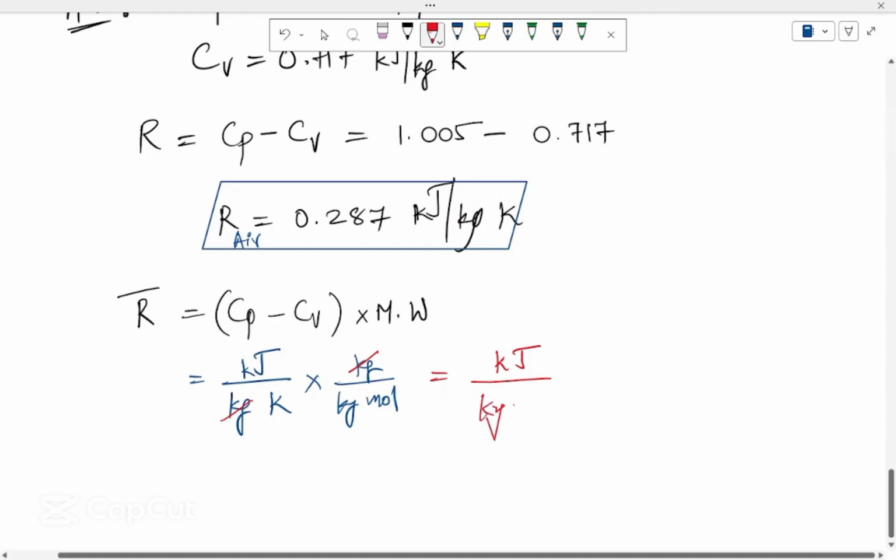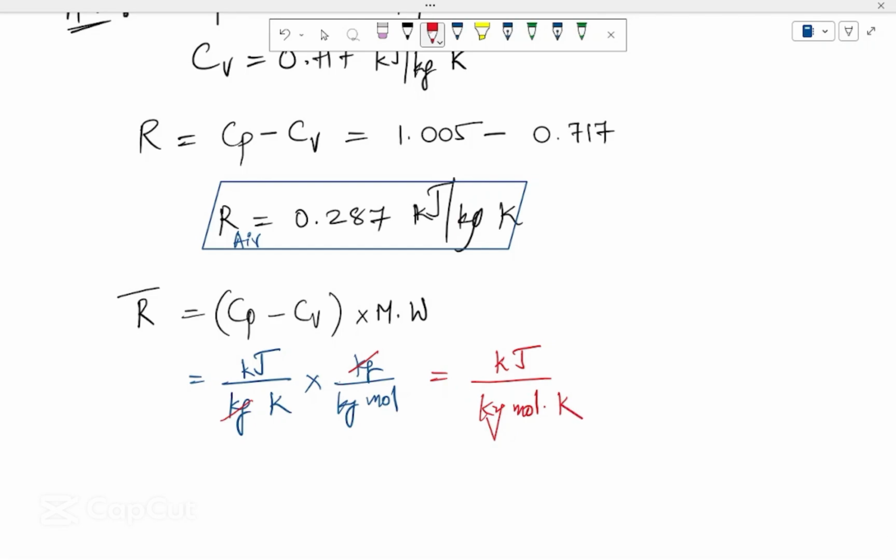This kilojoule per kg mole Kelvin is nothing but the unit of your R bar. So it is making sense. The formula that I have written here, R bar is equal to Cp minus Cv into molecular weight, is a correct relationship between R bar and Cp minus Cv.